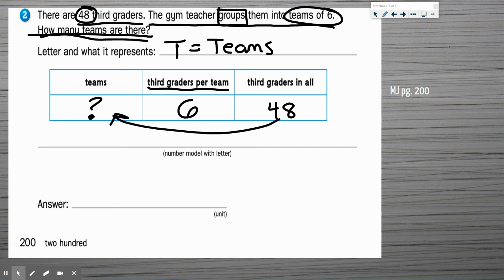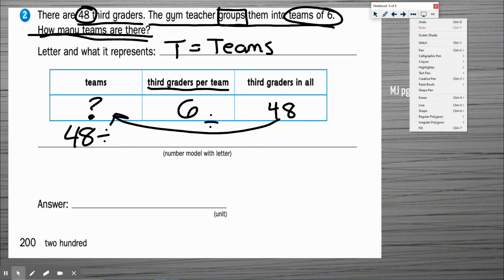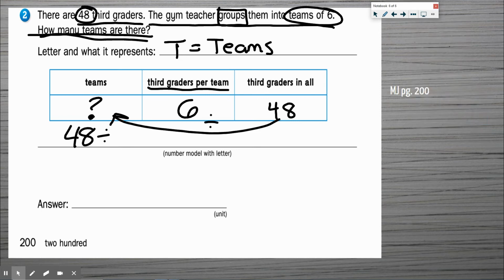I'm going to go this way, so I'm going to divide 48 divided by 6. Oops, I'm supposed to be using letters now, no longer question marks. So this would be T. 48 divided by 6 equals T, number model with the letter. And I need to do groups of 6.